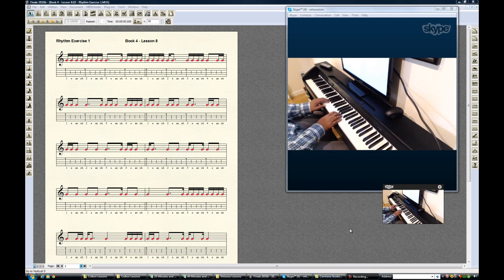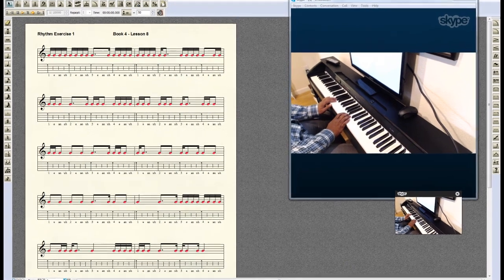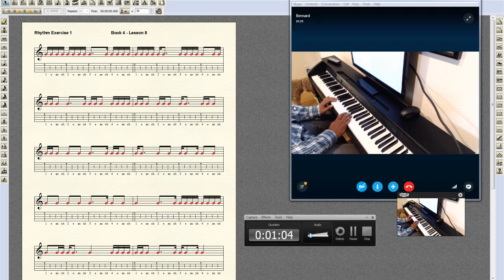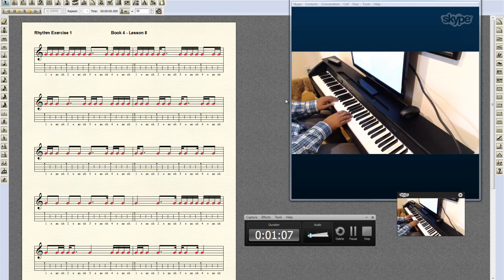How many eighth notes is a dotted quarter note? 3. How many quarter notes are in a dotted half note? 3. Exactly.